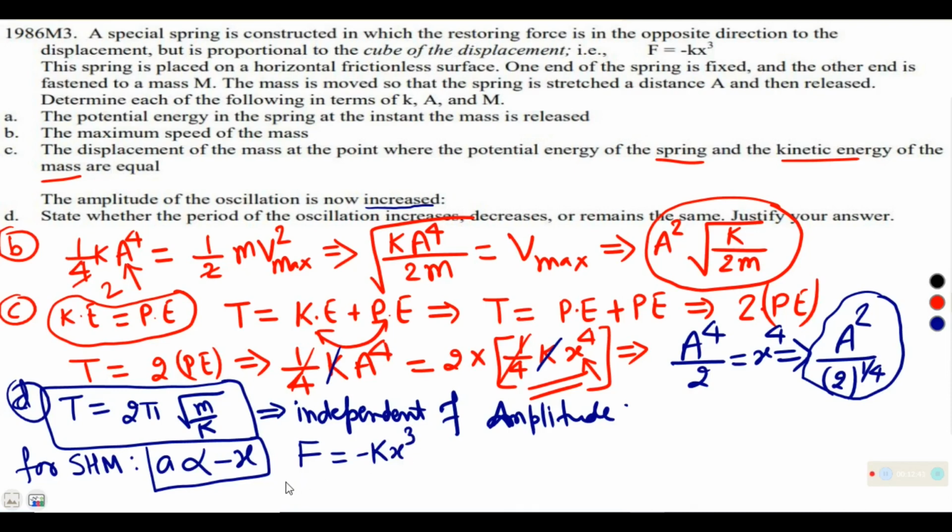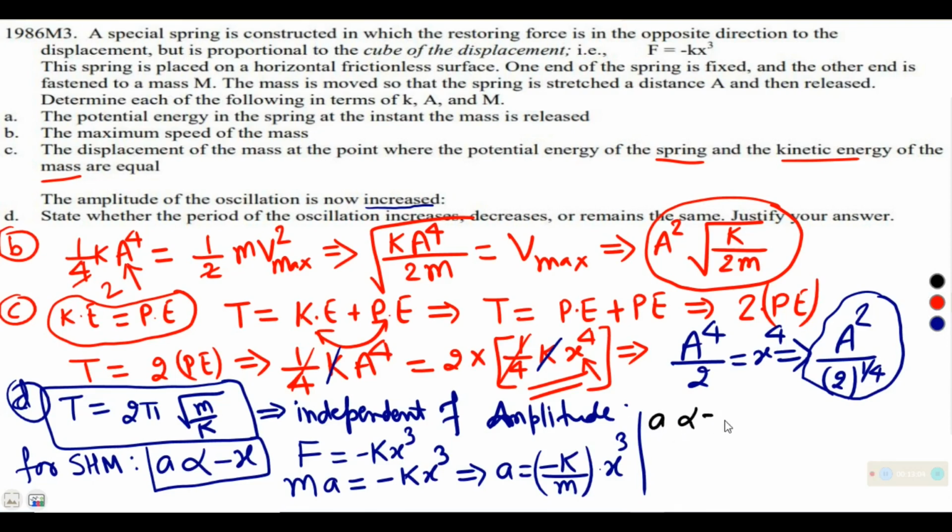If you write force is equal to mass into acceleration is equal to minus k times x cube, you will get acceleration is equal to minus k upon m times x cube. So here our acceleration is proportional to negative of x cube, not to negative of x. For SHM it should be minus of x, but here it is minus of x cube.